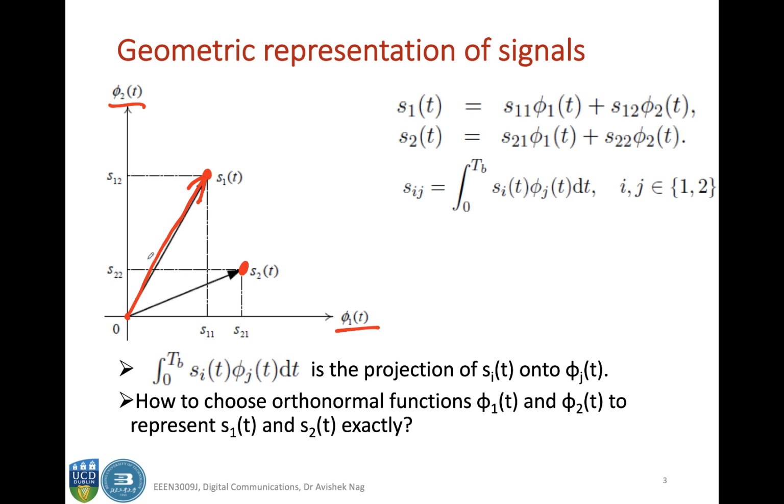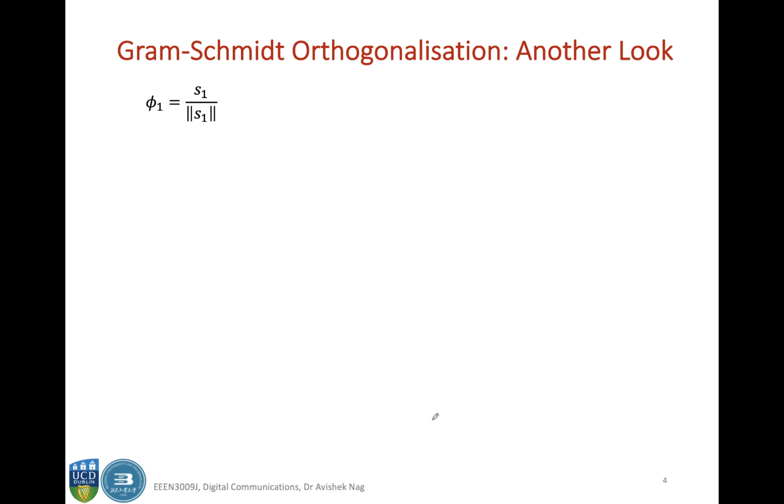And then given S1 and S2, how to choose orthonormal functions phi1 and phi2 to represent S1 and S2 exactly? This question can be answered by the Gram-Schmidt orthogonalization, which we also covered in our previous lectures.